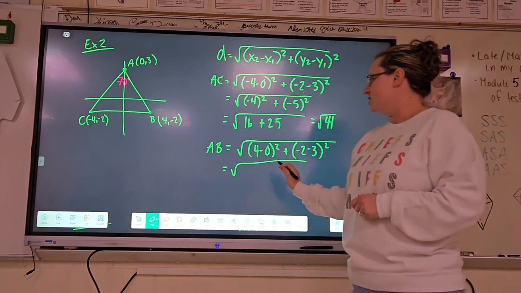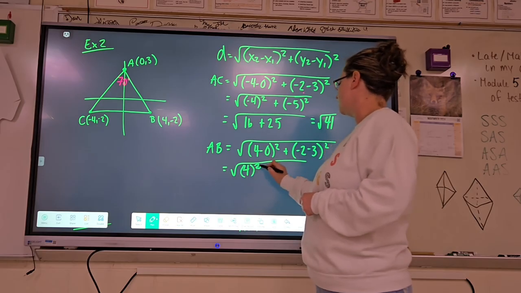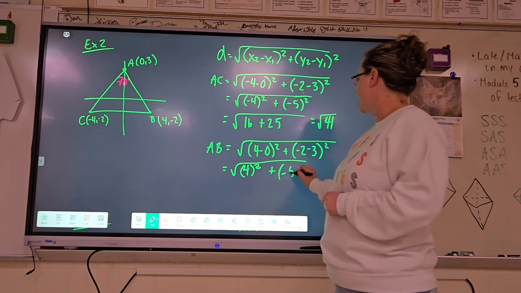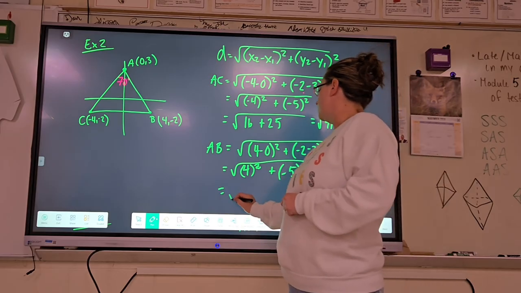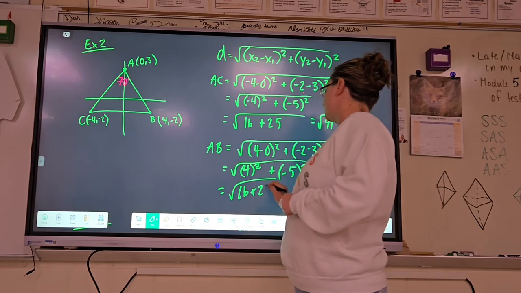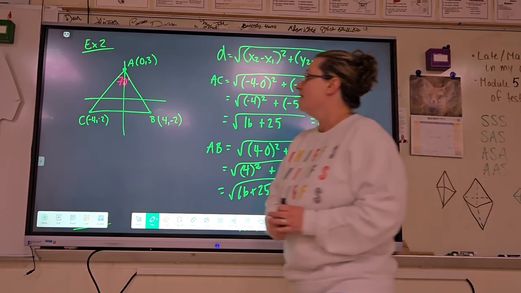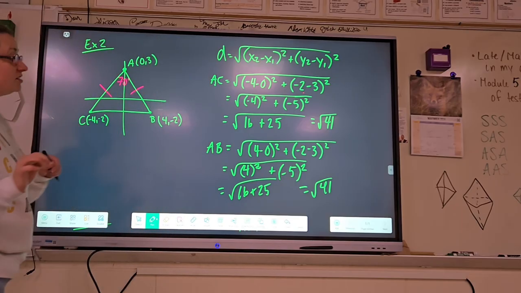So 4 minus 0 is 4, and 4 squared is going to be 16. -2 minus 3 is -5 squared. So we've got 16 plus 25 again, which is the square root of 41. So that means that these two sides are equal to each other for sure, without a doubt.